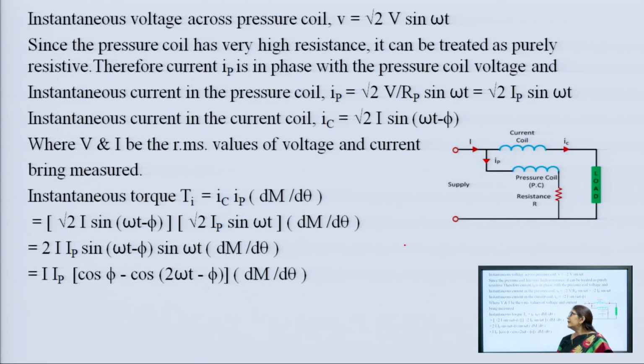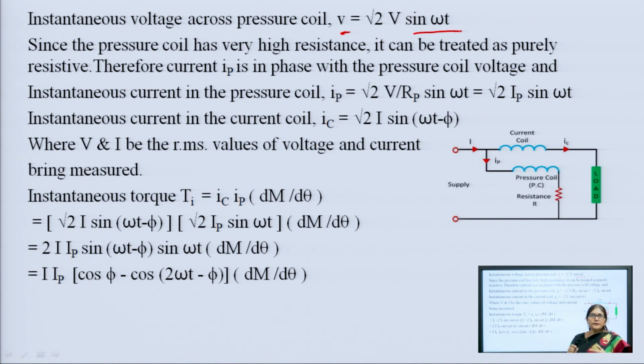So, now the instantaneous voltage across the pressure coil is v equal to root 2 V sin omega t, because it is the instantaneous voltage. So, it is root 2 into V, the RMS value. Since we have applied a sinusoidal waveform, it is V sin omega t.